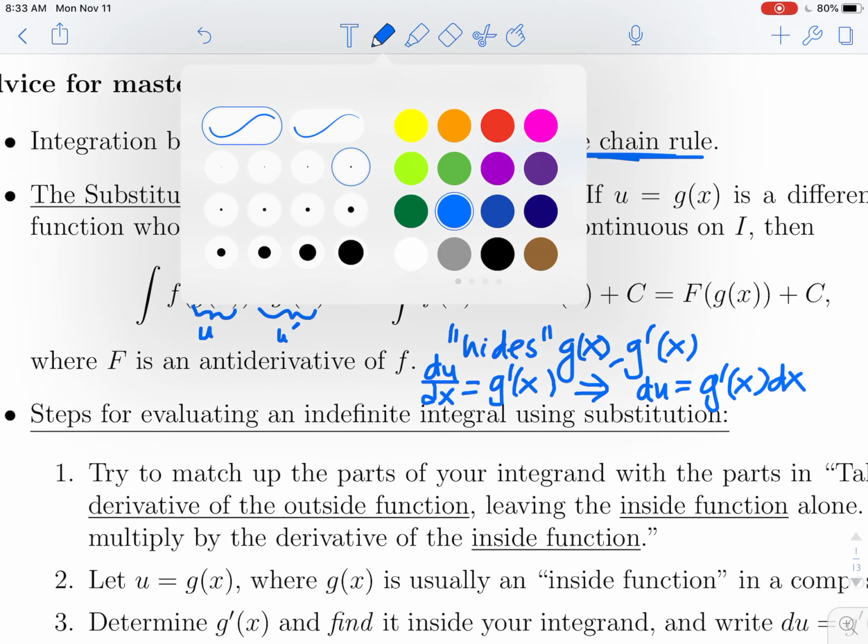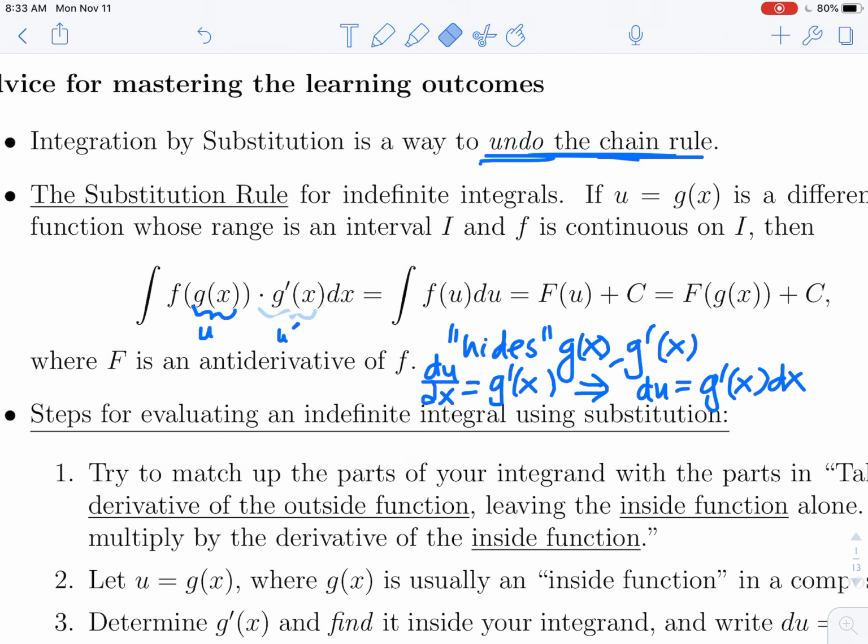And so when you do substitution, you sub in u for g of x, and then you sub in du for g prime of x dx, and that's really what's going on here. So you make the substitution, you anti-differentiate, thinking about u as being your variable, and then at the very end, you put the g of x back in.